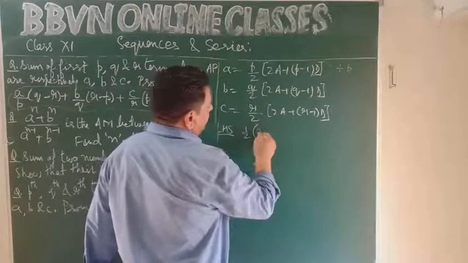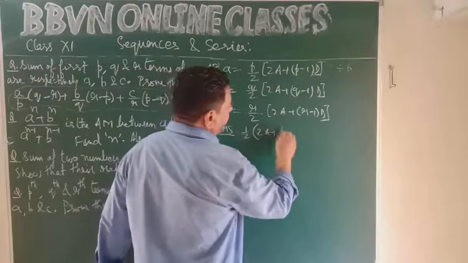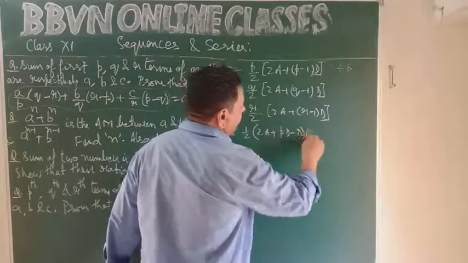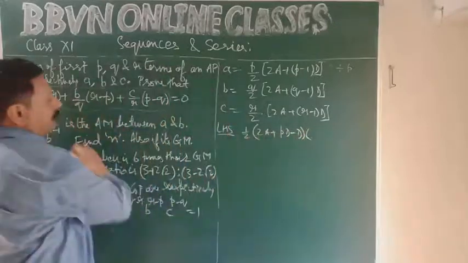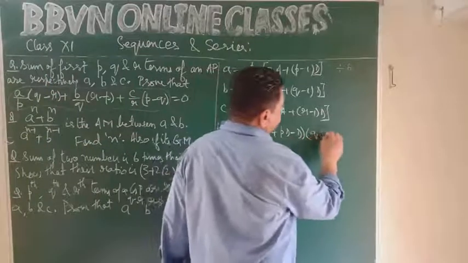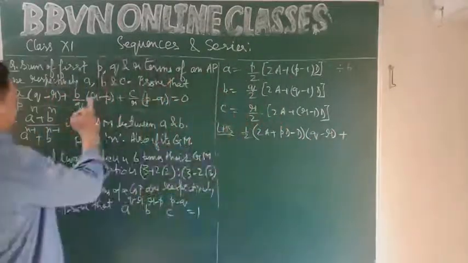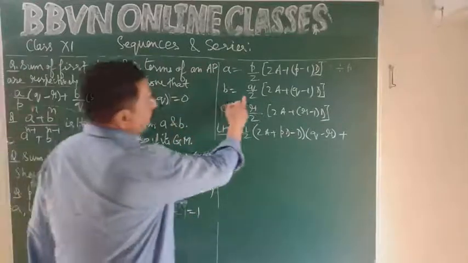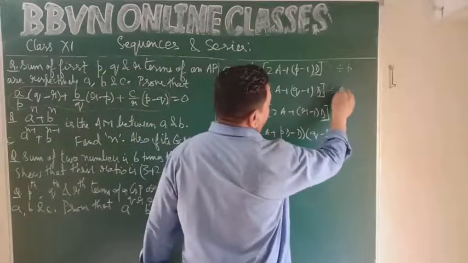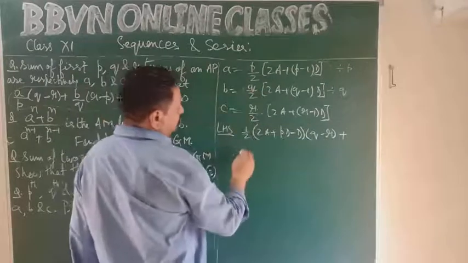Half into 2a plus PD minus D multiplied by Q minus R, plus B is divided by Q. So this expression is divided by Q, so Q gets cancelled.